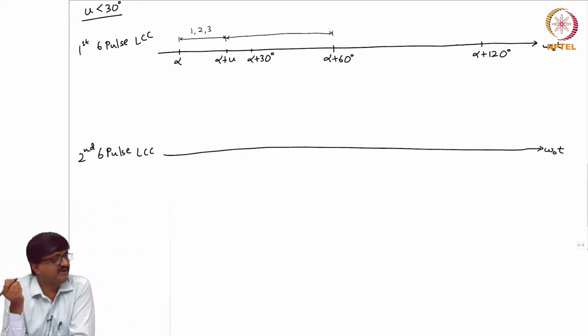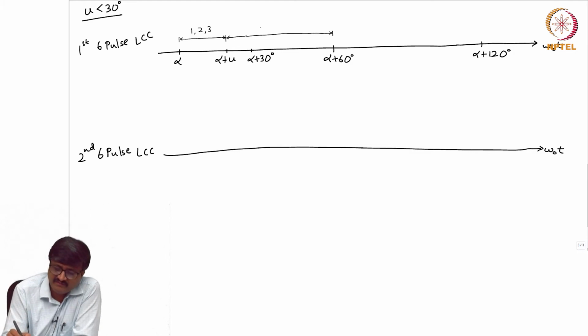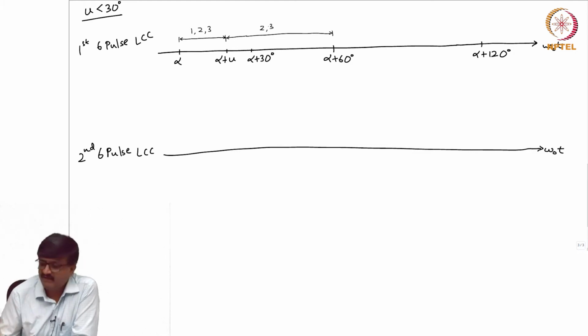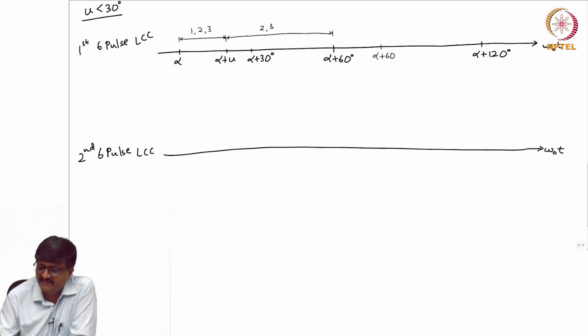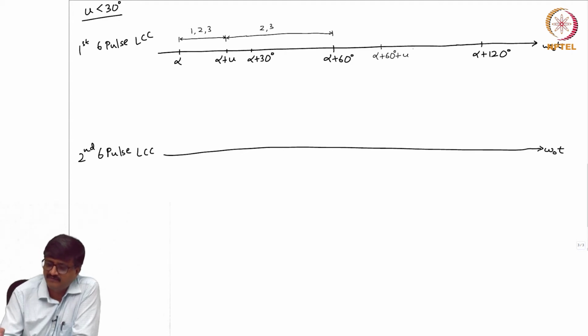So, alpha plus u to alpha plus 60, 2, 3. Then, now I also show alpha plus 60 degree plus u. So, from alpha plus 60 to alpha plus 60 plus u.